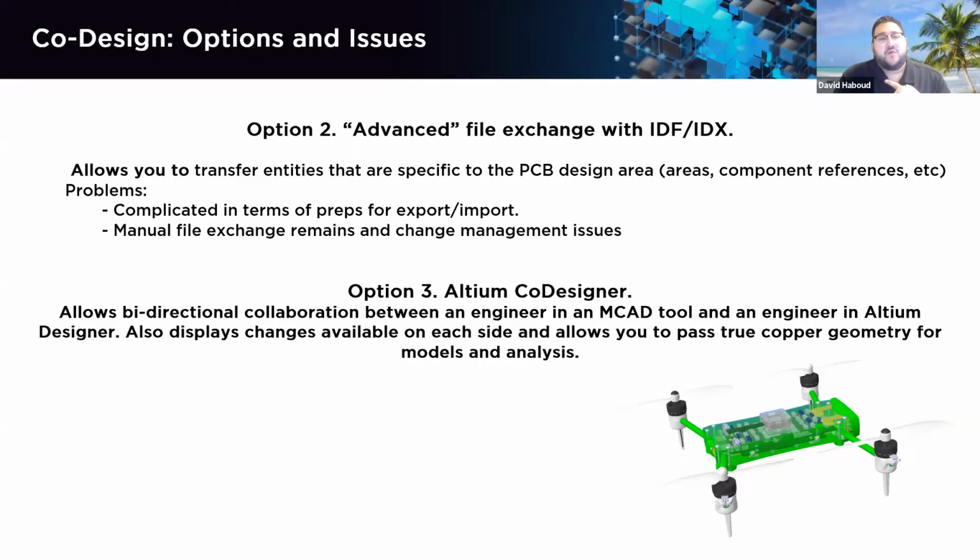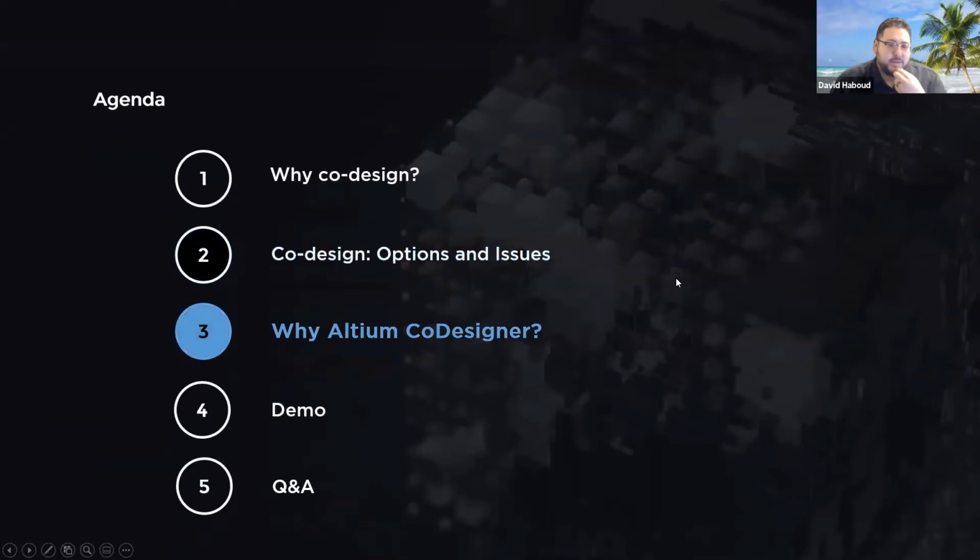It gives you the author of the change, a timestamp, and it gives you a lot more information. It gives you true copper geometry that allows you to have models for analysis as well. That's something that you are not able to have in any of the other exchange formats.